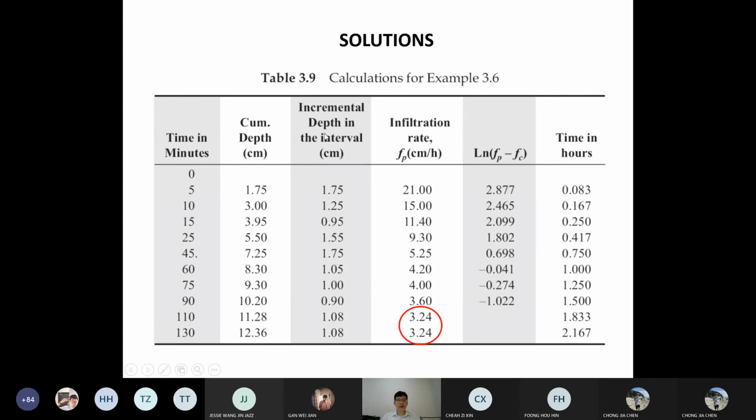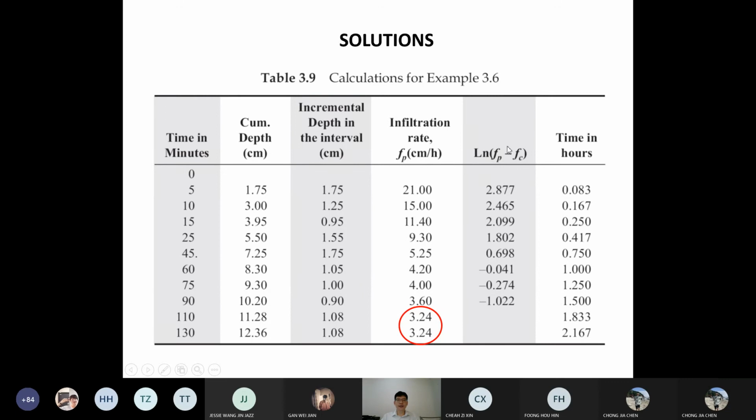Then we have the incrementals. Incremental means 10 minutes minus 5 minutes. For the cumulative, we got 1.25, so this one minus this one, we got 0.95. Changing from cm to hours, we got 21 cm per hour infiltration rate.